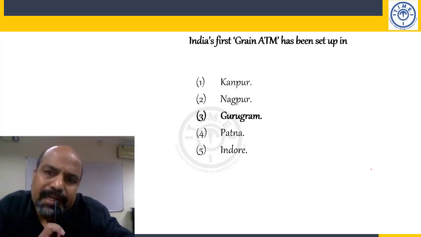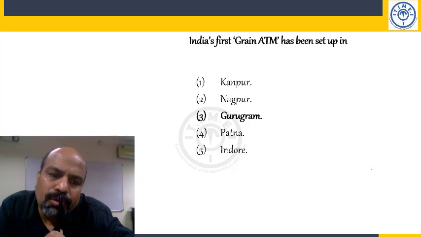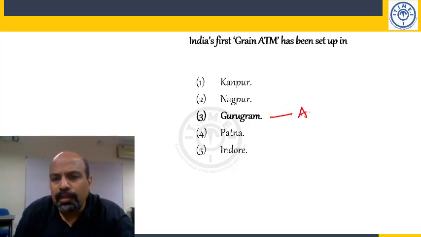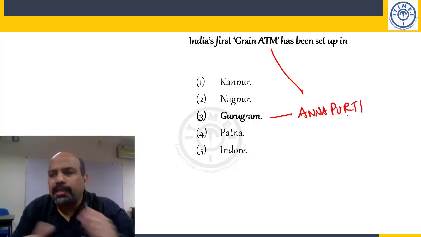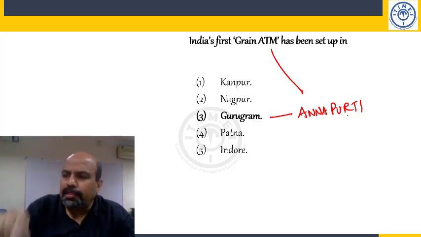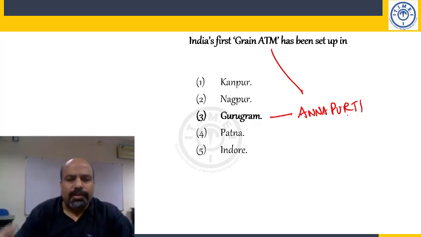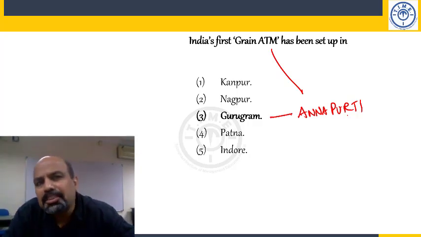India's first grain ATM has been set up in Gurugram. It's called Annapurti. It has a biometric sensor. Punch in, enter your Aadhaar number or whatever link basically, and you can take your grains.